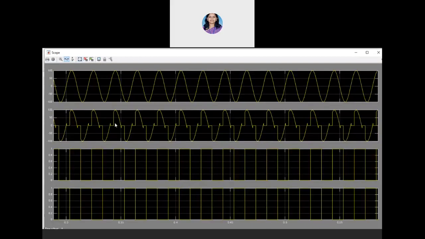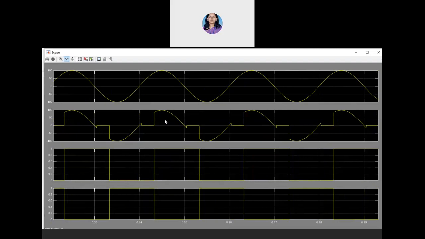You can see the very simple and very nice waveforms we are getting for the single phase AC voltage controller. While we have changed the load from R to RL, you can see the impact of the inductive load on the waveforms.